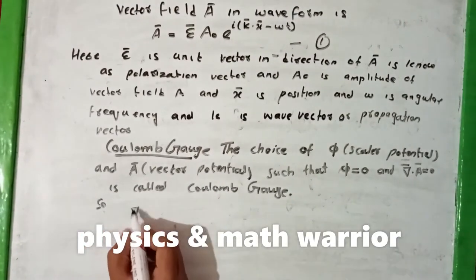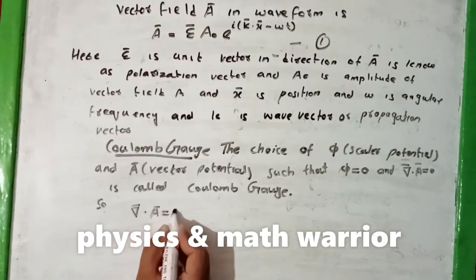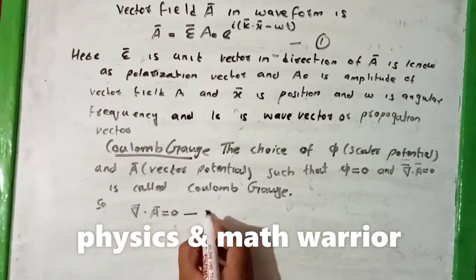So del dot A is equal to 0. This is equation number 2.